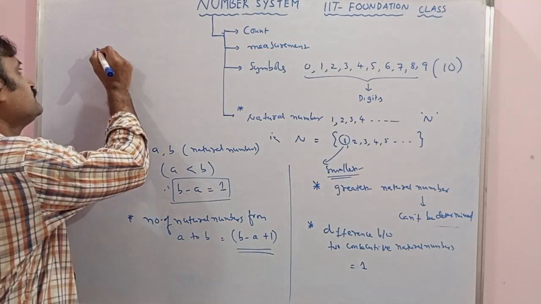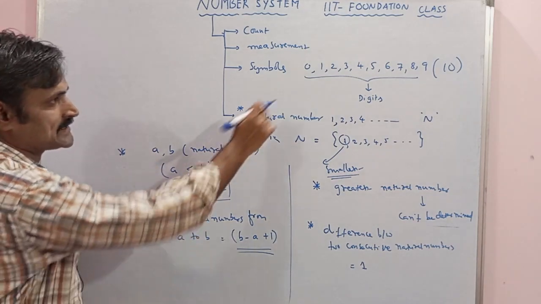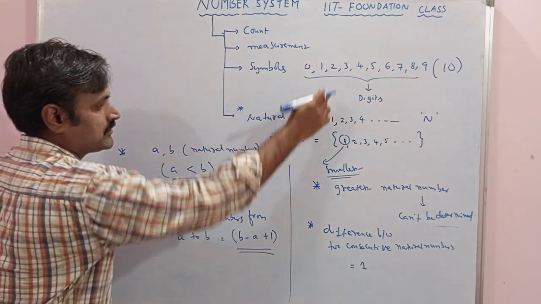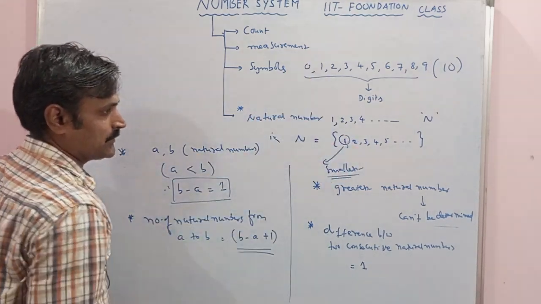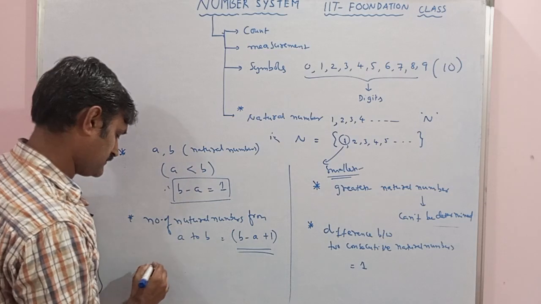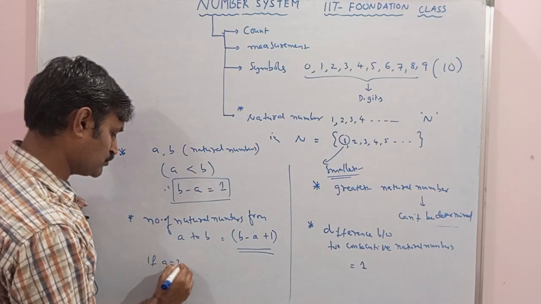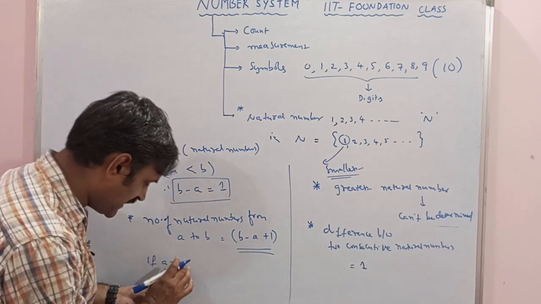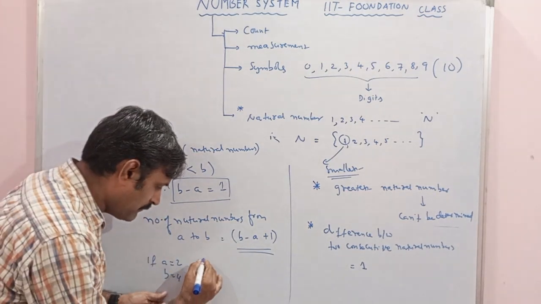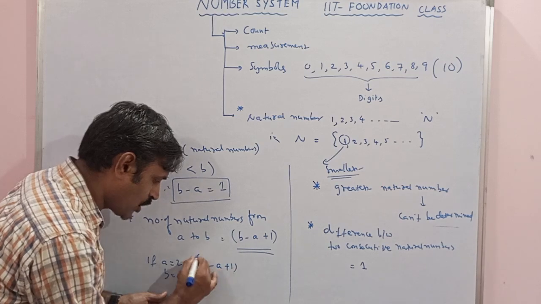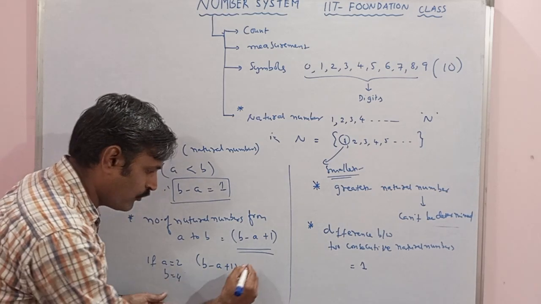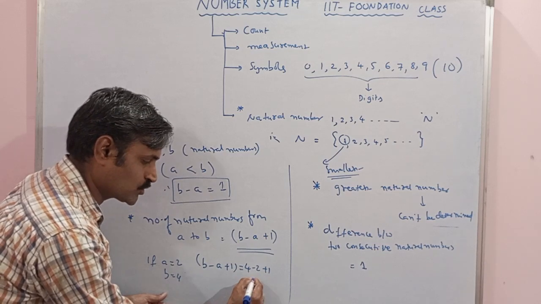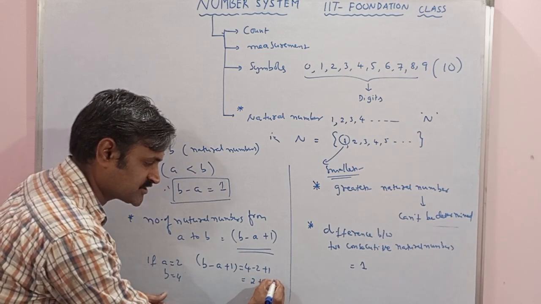Suppose you take an example where A is 2 and B is 4. What is B minus A plus 1? That is equal to 4 minus 2 plus 1. 4 minus 2 is 2, and 2 plus 1 is 3.